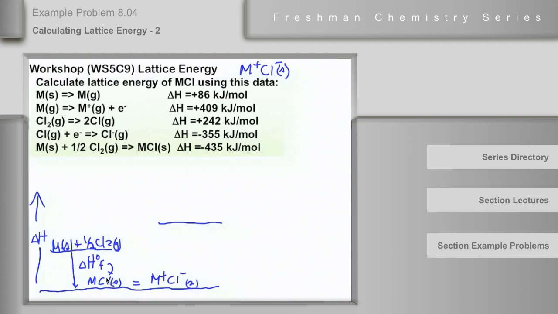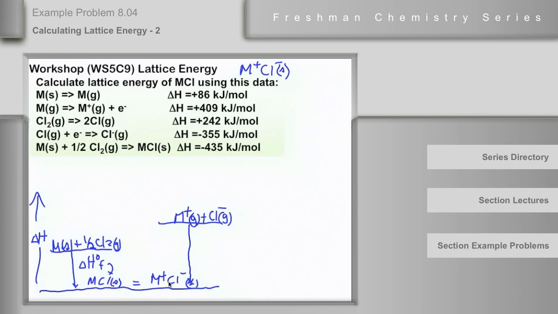It is around that we build our cycle, and the cycle gives us the equation which we can solve for the lattice energy. Remember, the lattice energy is defined as the enthalpy change when 1 mole of M+ cations and 1 mole of chloride ions come together to form 1 mole of the compound MCl.